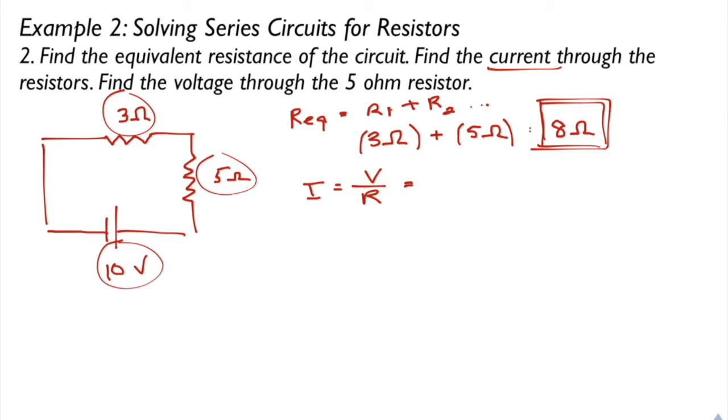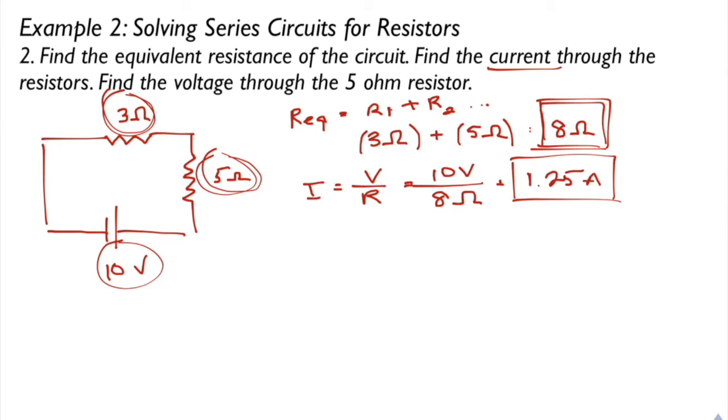And so our voltage here is 10 volts, and I'm going to divide that by the equivalent resistance, and that is 8 ohms, and so that will give me a current of 1.25. So that means since current remains the same between resistors, the current running through both the 5 ohm resistor and the 3 ohm resistor is 1.25 amperes.